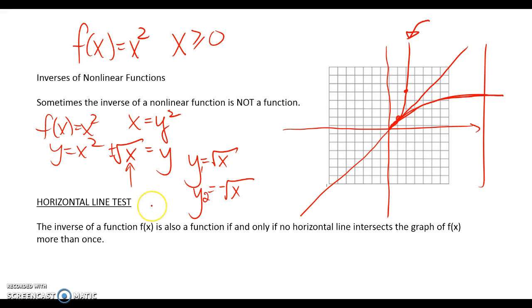I don't have this positive and negative. So if the domain of f of x equals x squared is restricted to only non-negative real numbers, then the inverse is a function. Okay, so we're going to talk about how we restrict.